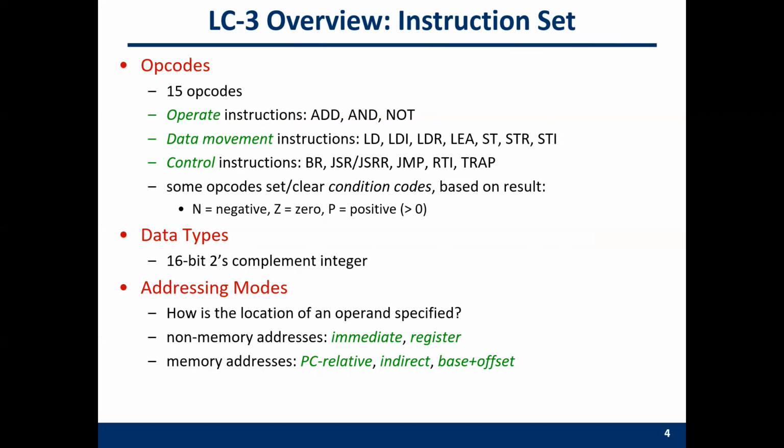It has data movement instructions, including load and store, other types of load and store, and then the control instructions: jump, trap, branch, and some other instructions to set or clear some condition codes based on the results, like NZP. I will explain them one by one in the following slides.